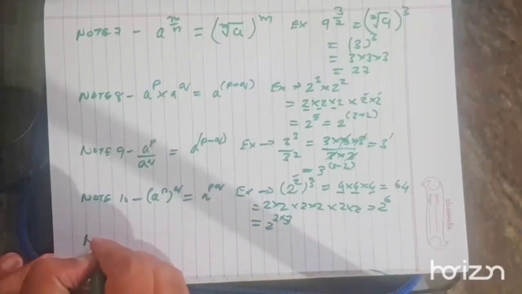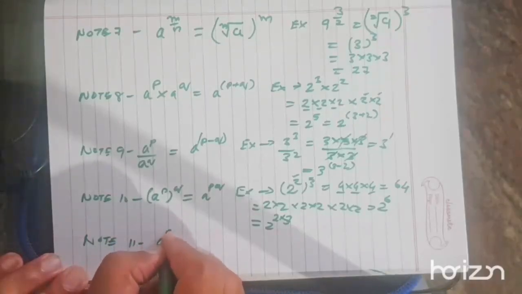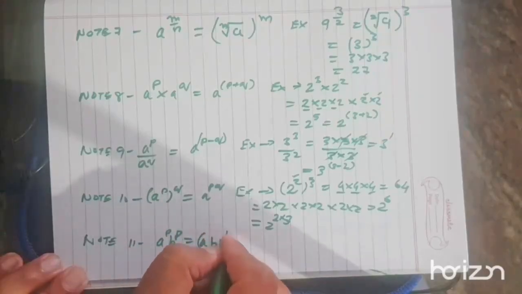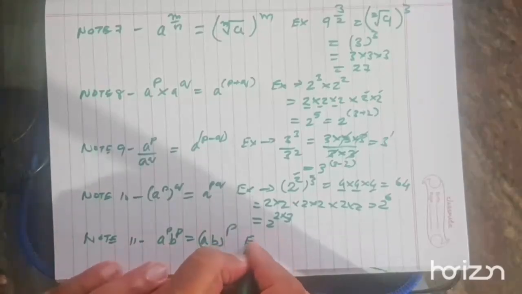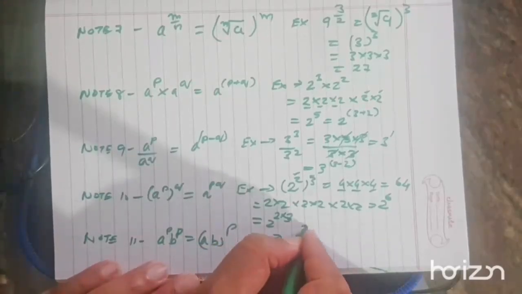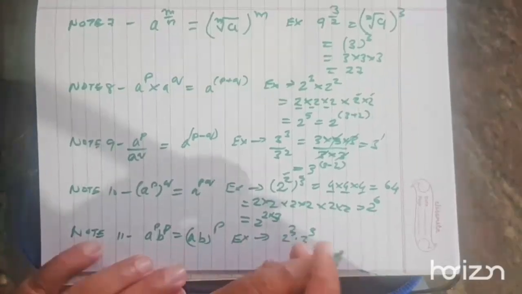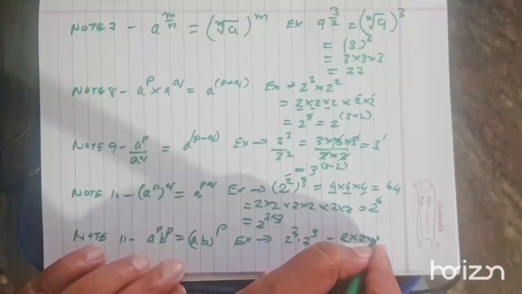Okay, and similarly a power p into b power p is equal to (ab) whole power p. Okay, so if you have two rational numbers raised to the same power, they can be multiplied and raised to the power simultaneously. So if you have 2 power 3 into 3 power 3, for 2 power 3 there are 3 2's, 2 into 2 into 2.